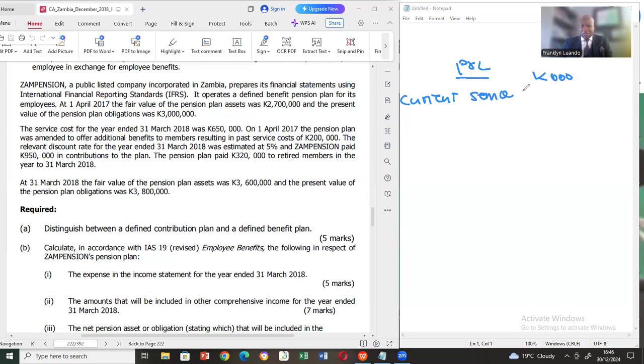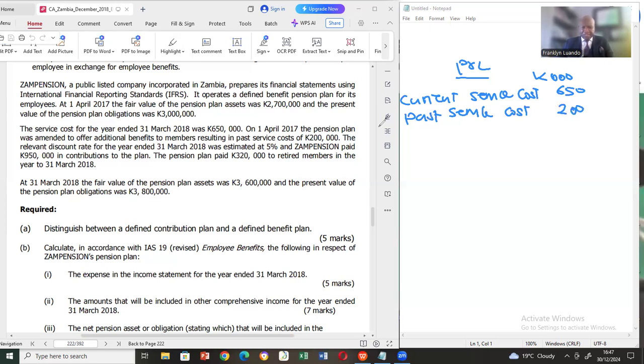Current service cost, we have 650. And then we have past service cost, we have 200.